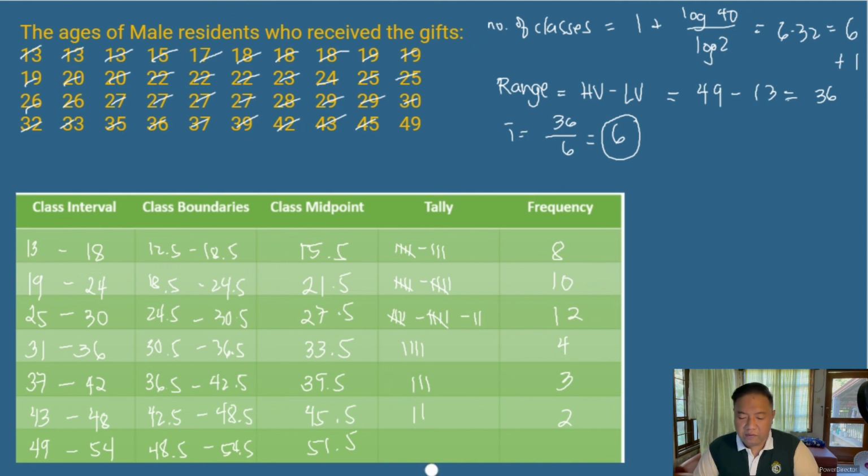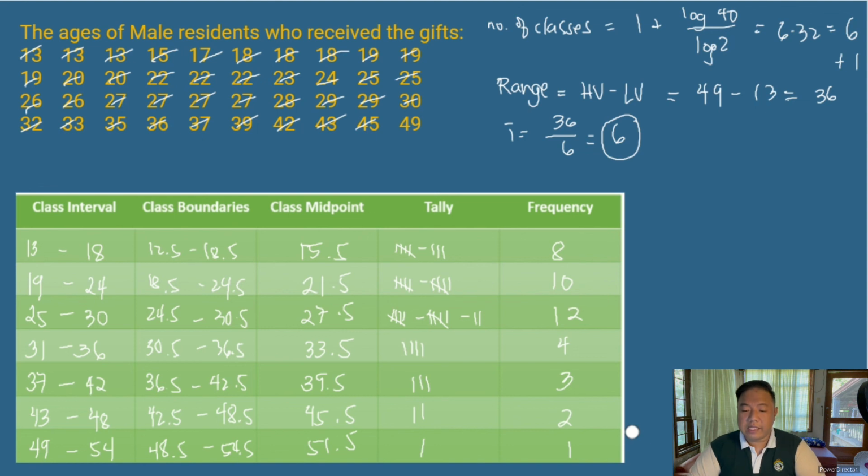So 49 to 54, we have 1 here. Let's check: 8 plus 10 plus 12 plus 4 plus 3 plus 2 plus 1, and the total is 40. So that's how we do the frequency distribution table of grouped data.